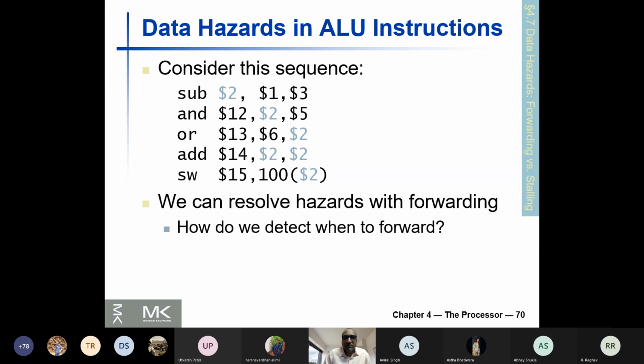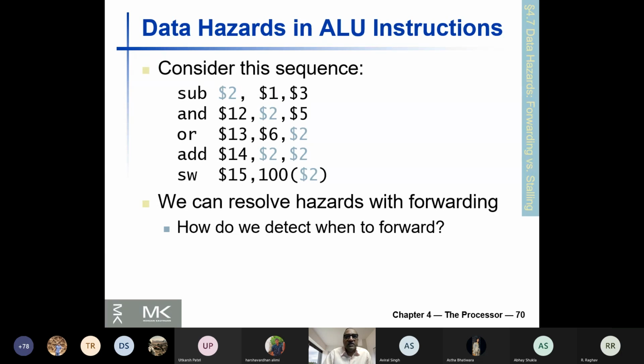We are aware of what they mean and why they arise. We'll see some possible solutions to handle these hazards, particularly data hazards and control hazards.